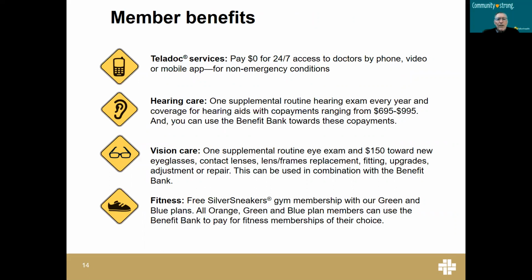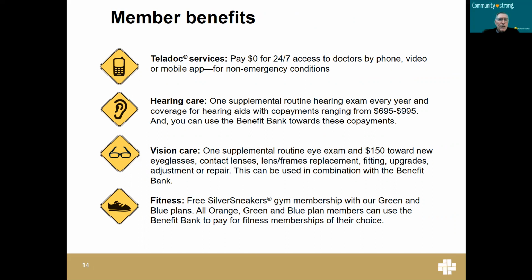All of our plans do include hearing care, which includes a supplemental routine exam every year to determine if you need hearing aids. And there's a copayment for those hearing aids between $695 and $995 through a company called Amplifon, and our customer service department can provide you with a list of the providers in your area that are Amplifon providers.